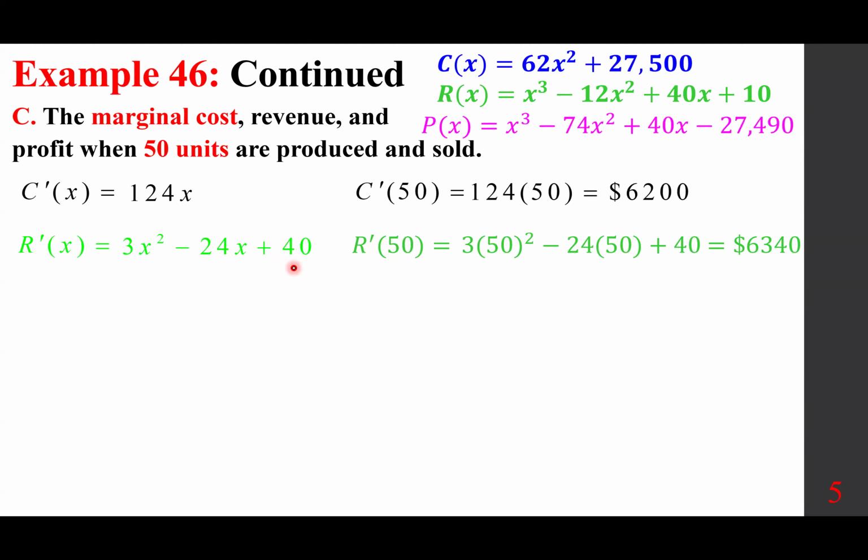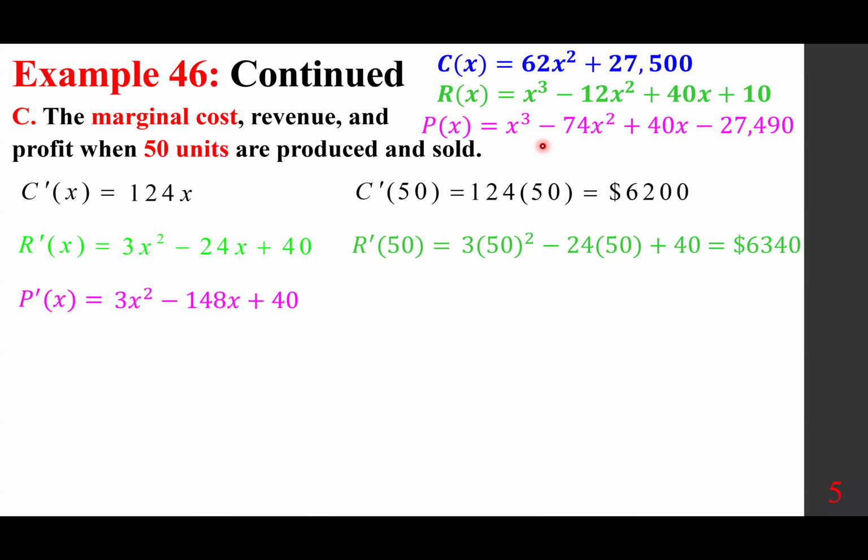Now P prime, again, two ways. 3x squared minus 148x, I mean, 2 times 74, right? With a negative sign, plus 40.